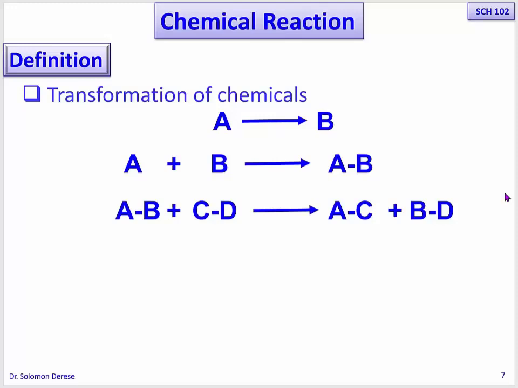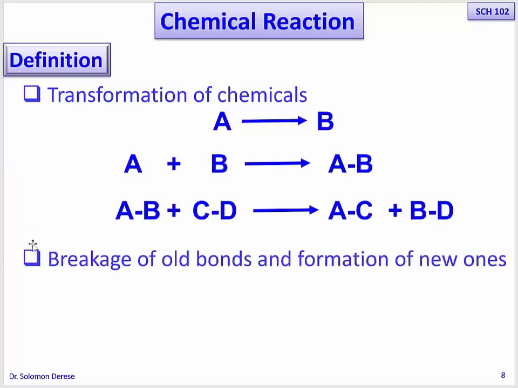Compound A being transformed into compound B, etc. Of course, during the course of a chemical reaction, bonds are going to be broken and bonds are going to be formed. So there will be breakage of old bonds and formation of new ones.